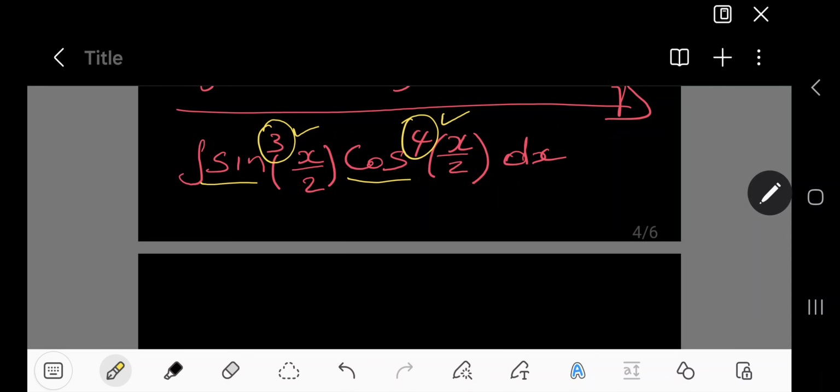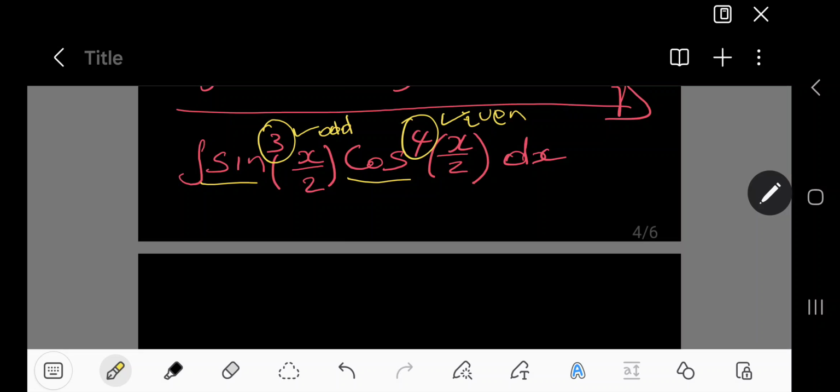So if we give an exponent, we can see that this one is odd and this one is even. So when we give an odd and even, we go to the odd and we split the odd.